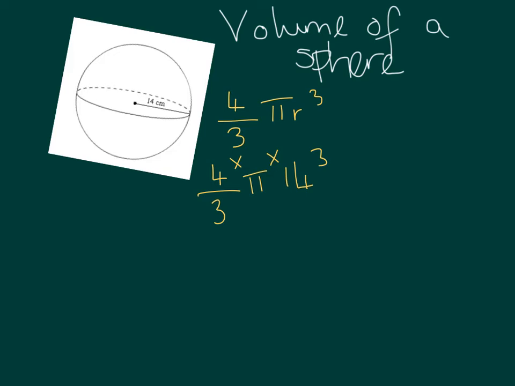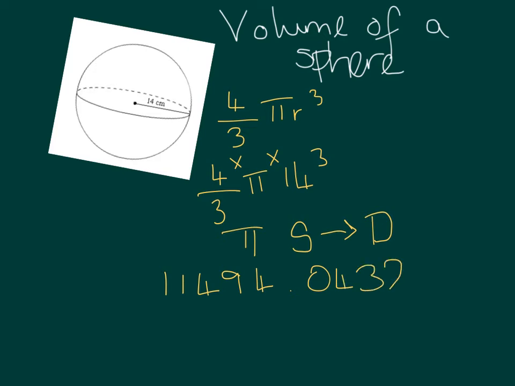When you get your answer it might come out with pi included, and if that happens you need to press the S to D button to get a full answer with all the decimal places. And that's what you should write down first.